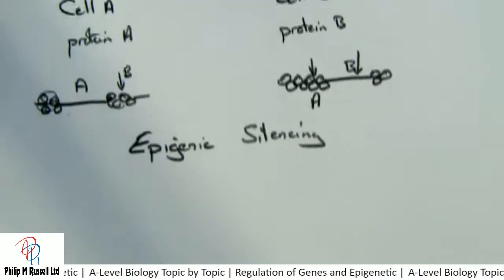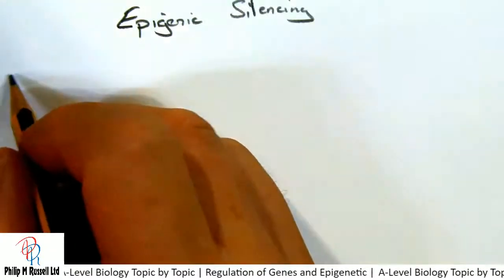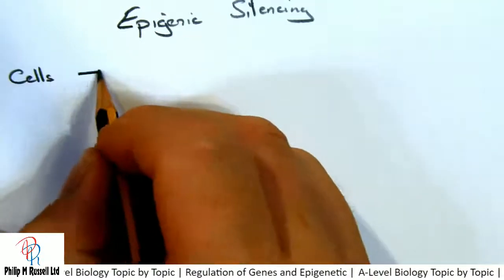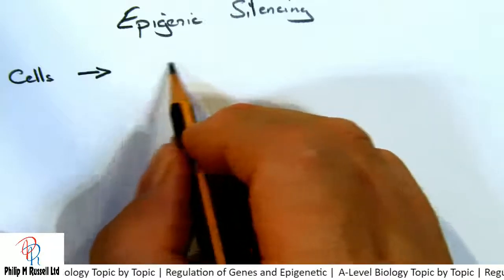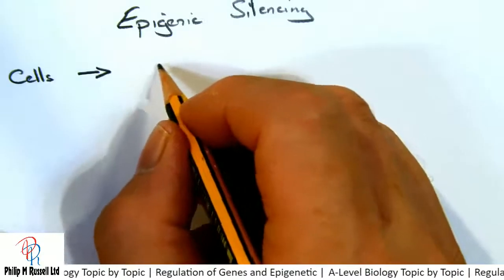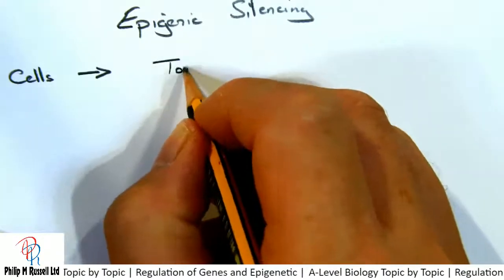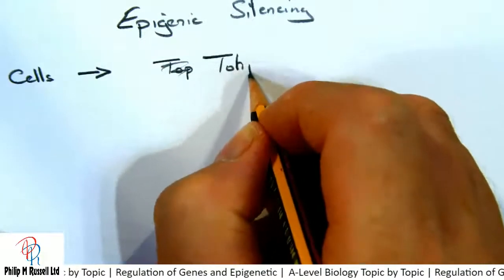When you're born, when you're conceived, to be more precise, then your cells can produce every different type of possible gene, and these are, I'm not going to spell it, am I? Totipotent.